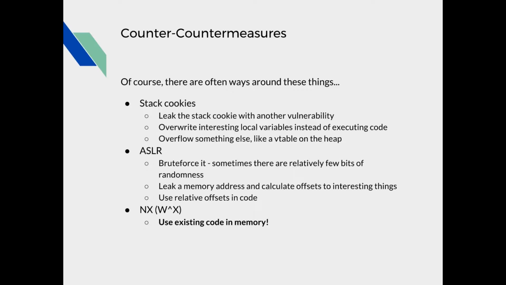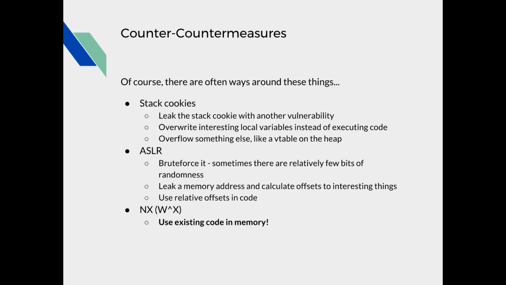For ASLR, a couple options. Sometimes you can brute force it. Typically on 64-bit systems, this is not going to happen. It's not reasonable. But on a 32-bit system, if you can run a program quickly, and if you can run a program a lot of times really fast, sometimes there are only so many bits of the address that can be randomized. So you can basically just assume it's one address and keep trying till it works.